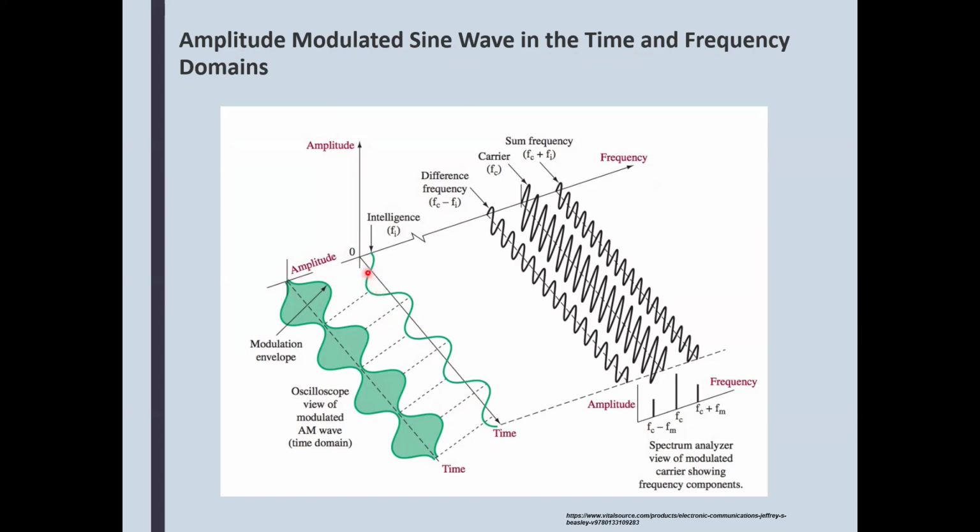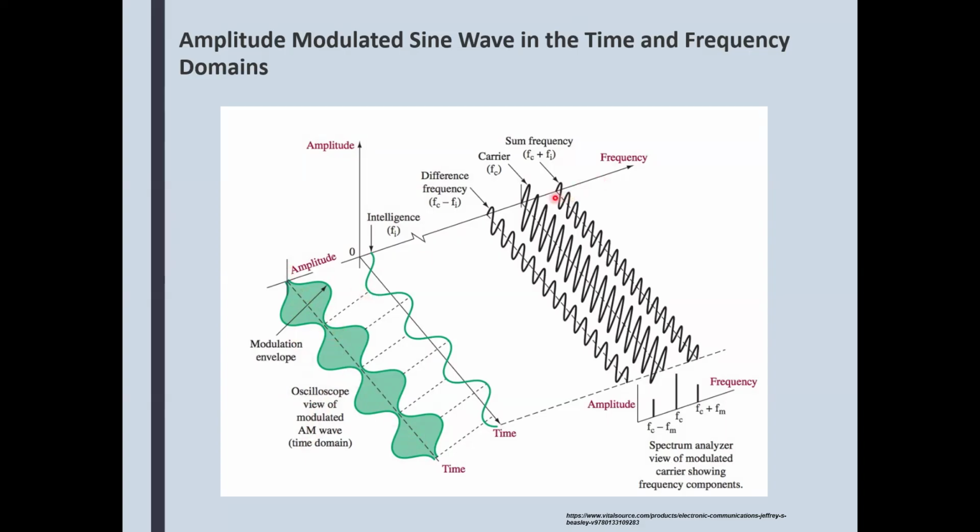So when we combine this here, that greened out area is a sine wave that is so thick that we can't even see the sine wave, but it's a very high frequency, condensed, so we can't even see the waveform. Combined with the intelligence, we're going to get something called a modulation envelope. And that's what you would see on the oscilloscope if you have this thing in the time domain.